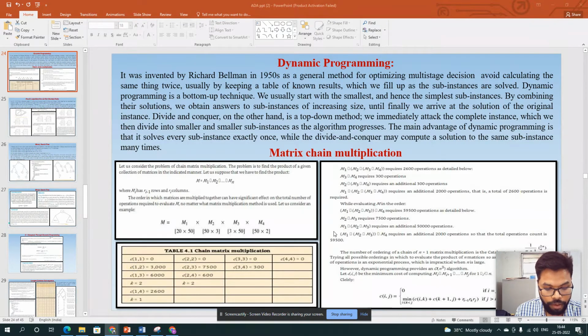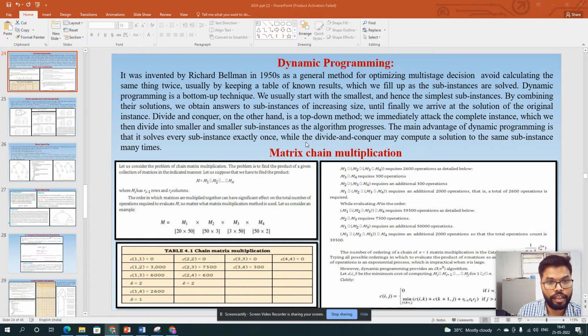Dynamic programming solves each subproblem just once and then stores its answer in a table, so it avoids the work of recomputing the answer every time.